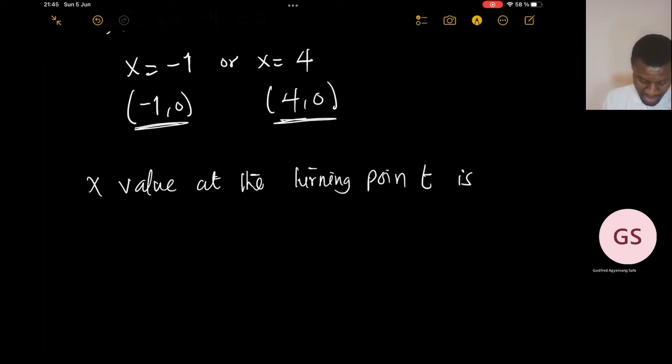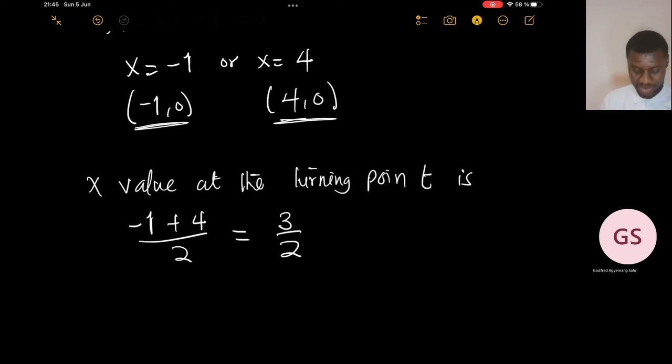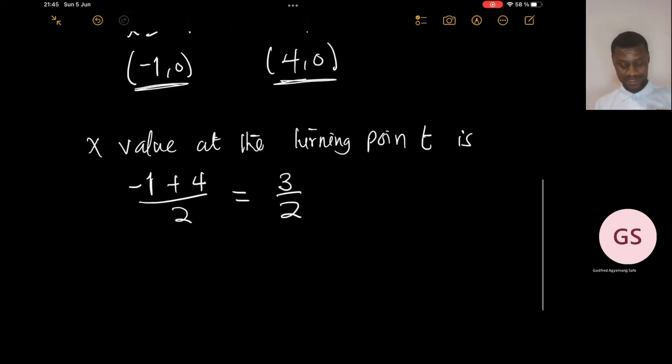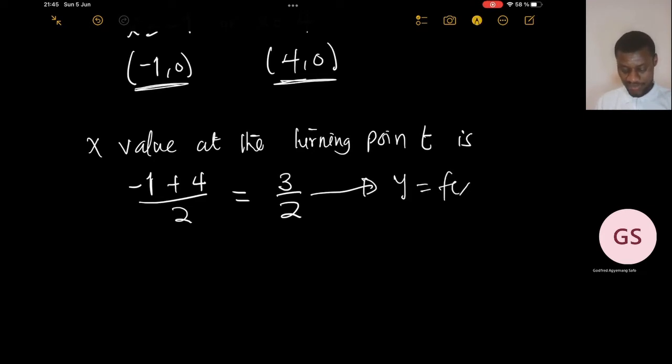So minus 1 plus 4 divided by 2 will give you 3 on 2. In this case, the x value at the turning point is 3 on 2. We need to find the y value at the turning point. That means we have to substitute this into our function y, which is equal to f of x.